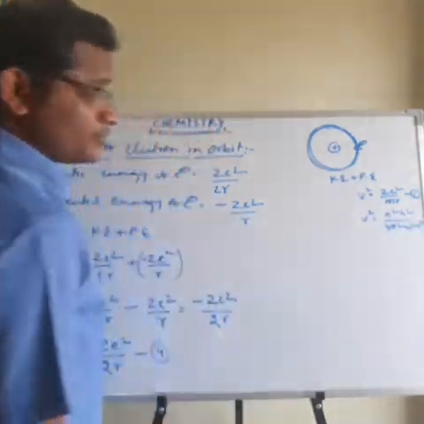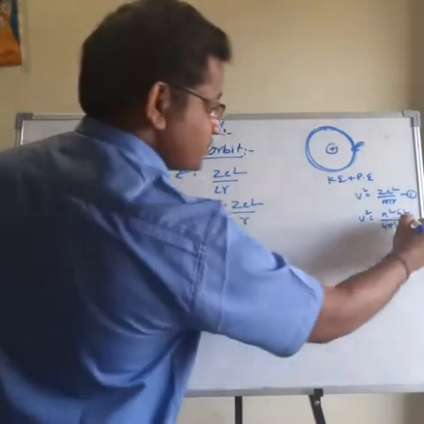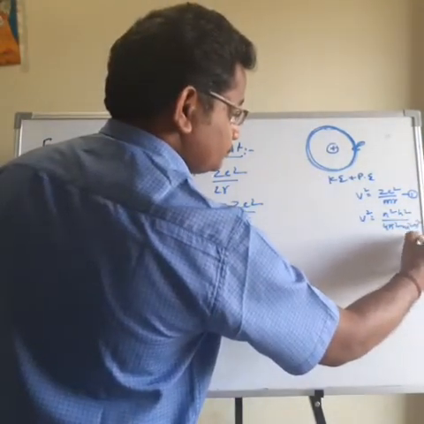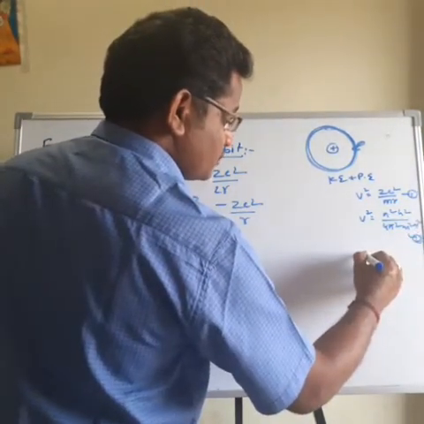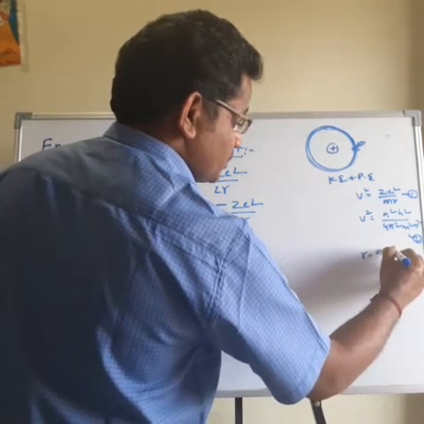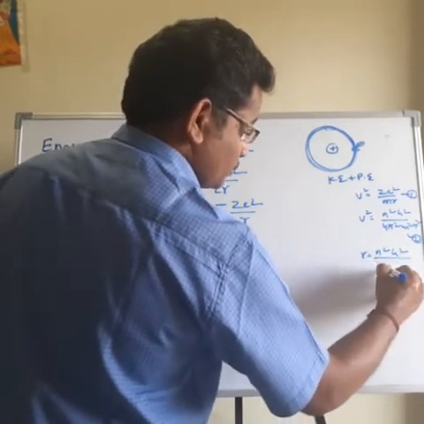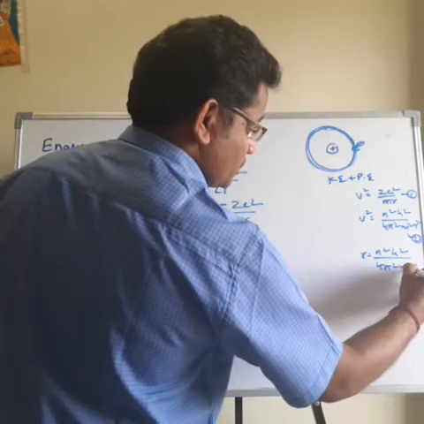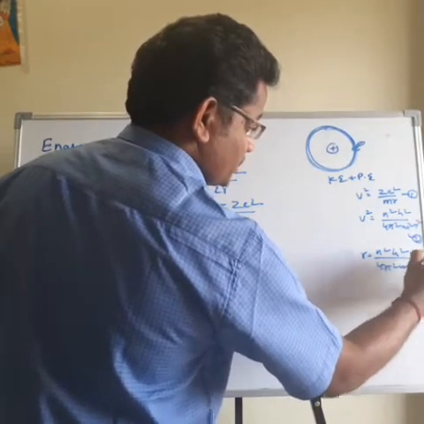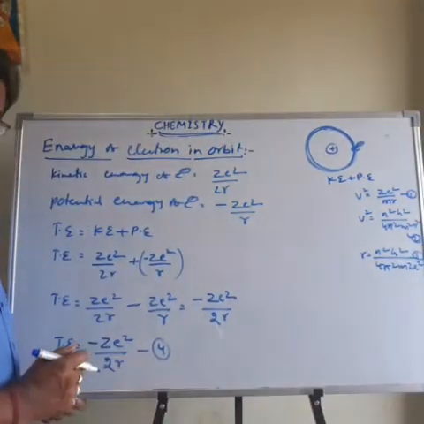That is equation 2. Then equation 3 is radius equal to N square H square by 4 pi square M Z E square. That is equation 3. This is equation 4.